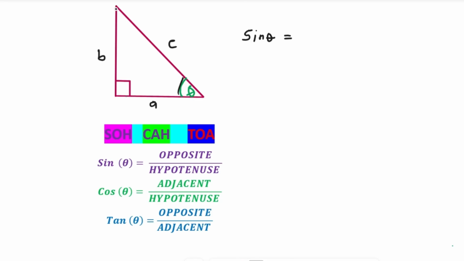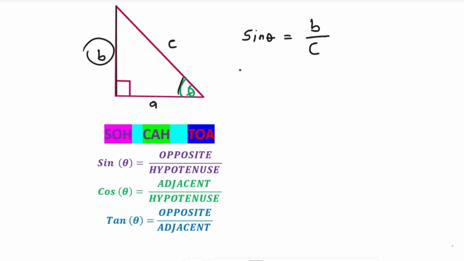You get it? So that means the opposite is going to be B. So we have B here out of the hypotenuse. That is the easy to identify side, the side which faces the 90 degrees. So obviously it's going to be C. So that is how we can find the sine of theta from this right angle triangle.